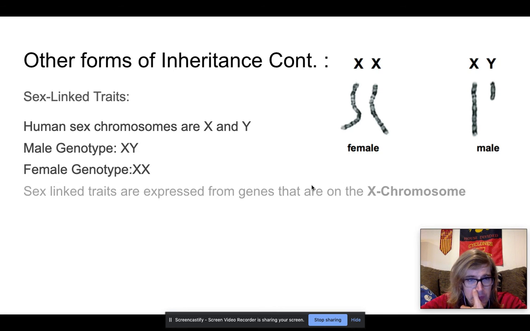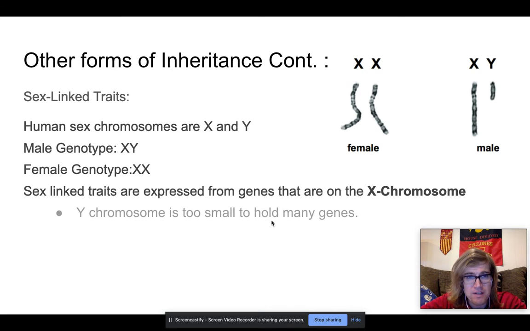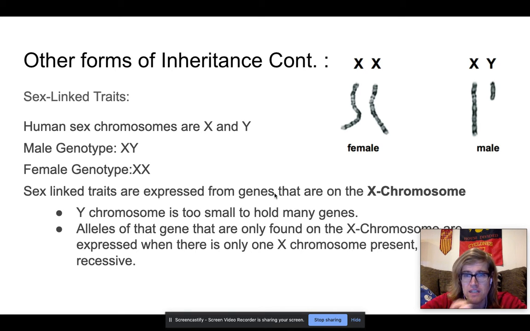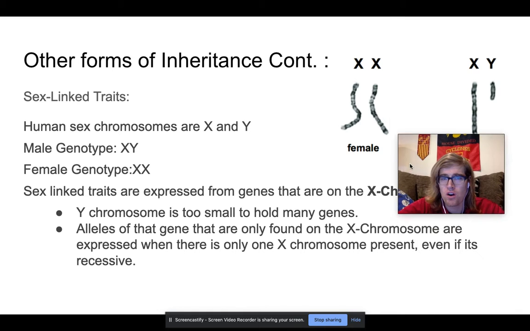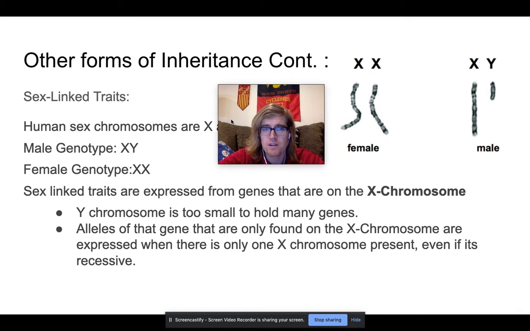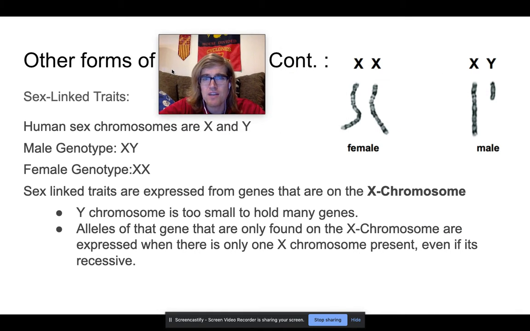So when we look at sex-linked traits, we're looking at the traits that are on the X chromosome. And it creates some interesting problems. Since this Y chromosome is too small to hold many genes, the alleles of that gene are only found on the X chromosome, and are expressed even if only 1 X chromosome is present, even if it's recessive. All right?